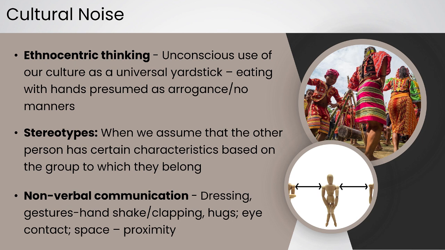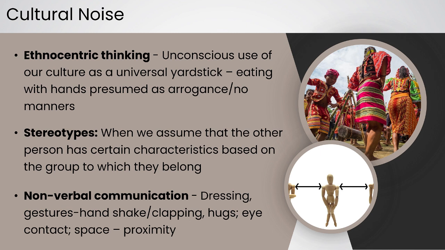Cultural noise is also to do with people having different cultures. Humans originate from different spaces with different values and different beliefs. But sometimes we may be affected by ethnocentric thinking, the unconscious use of our culture as a universal yardstick.